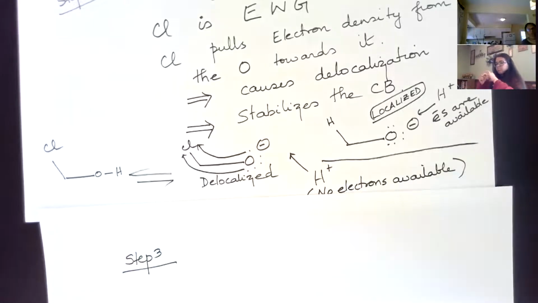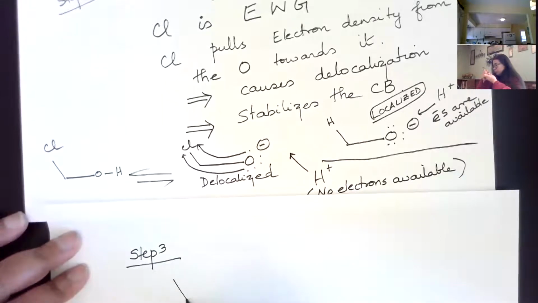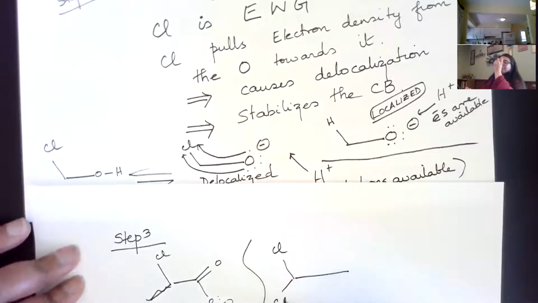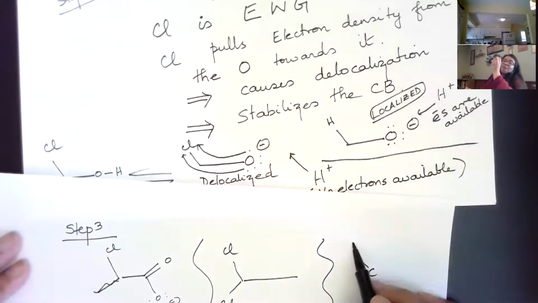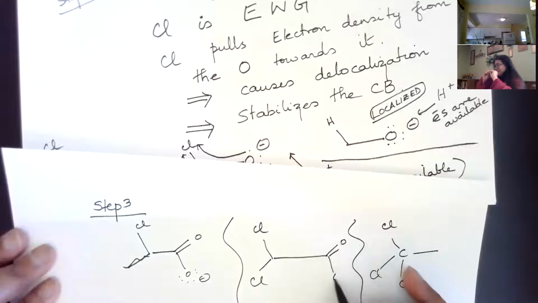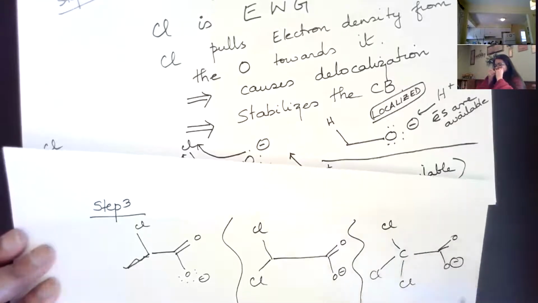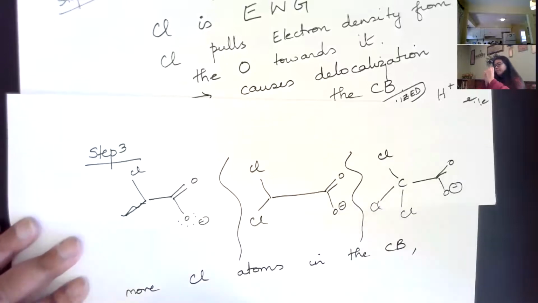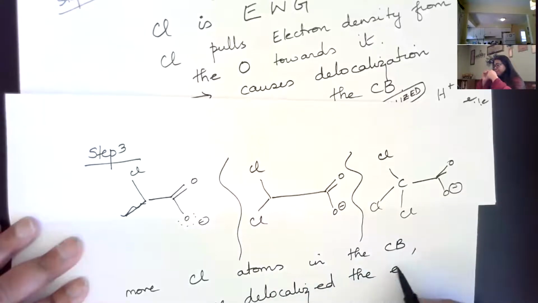The more Cl atoms in the conjugate base, the more delocalized the electron density.